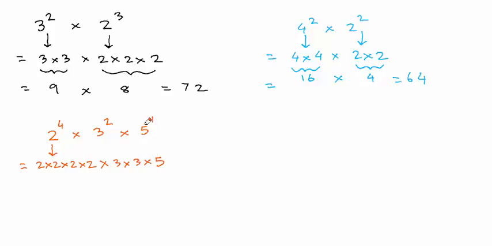There's only one 5 in the multiplication sentence. And that's equal to, all of this is 16, 2 raised to the fourth power is 16, times 3 times 3 is 9, times 5. 9 times 5 is 45, and if you multiply 45 with 16, you get 720.